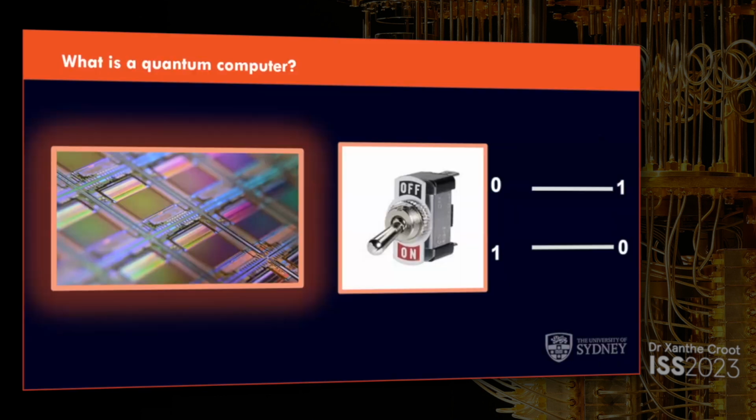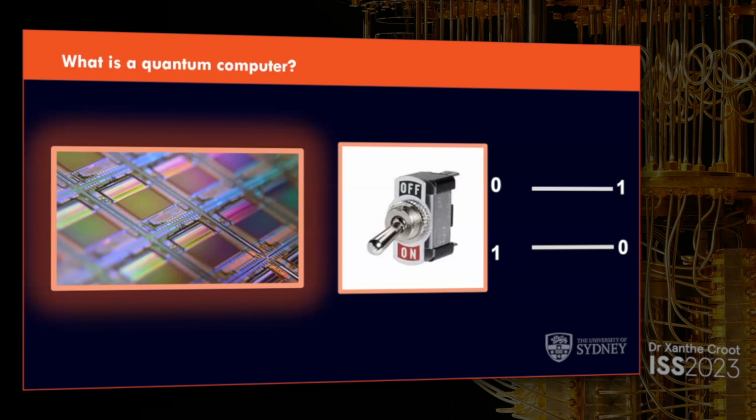All right, so just to quickly refresh your memory on what a quantum computer is. A quantum computer is really similar to a classical computer in that it's built from bits of information. And you can think about these bits as little switches that can be on or off, and so be in a 0 or a 1 state.